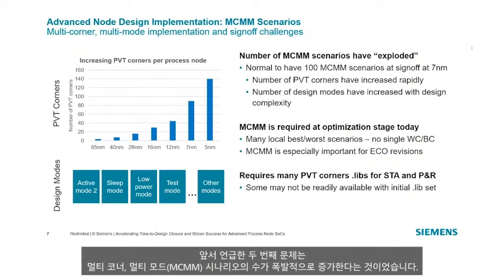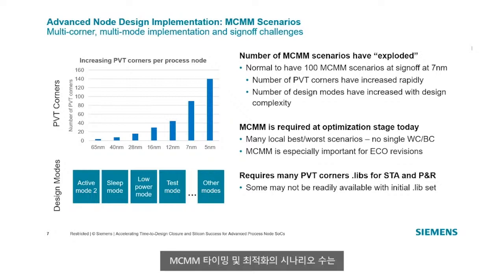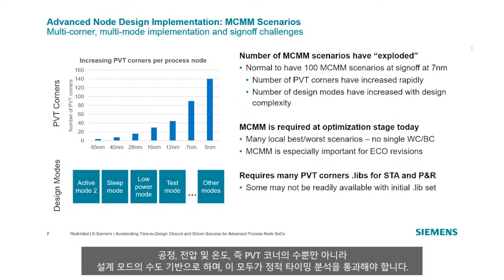The second challenge we mentioned was the explosion in number of multi-corner multimode scenarios, or MCMM scenarios for short. The number of scenarios in MCMM timing and optimization are based on number of process, voltage, and temperature, or PVT corners, as well as the number of design modes that all need to pass static timing analysis.